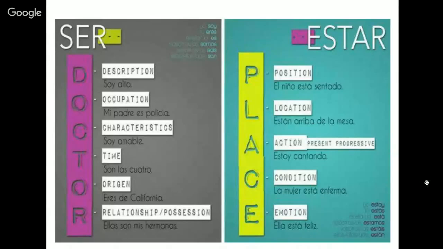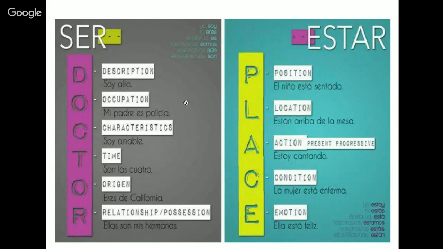Okay, fantastic. So first we're going to speak about the difference between ser and estar. Ser is more about identity, things that identify us. There are also other cases, but we're going to speak in more detail about this in a moment.